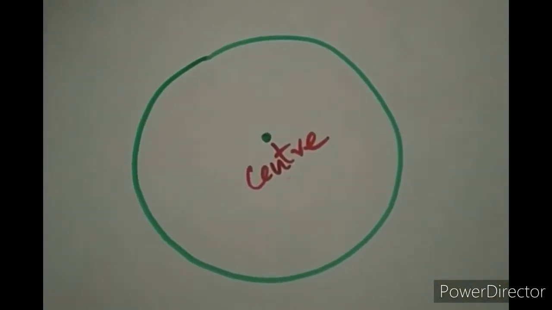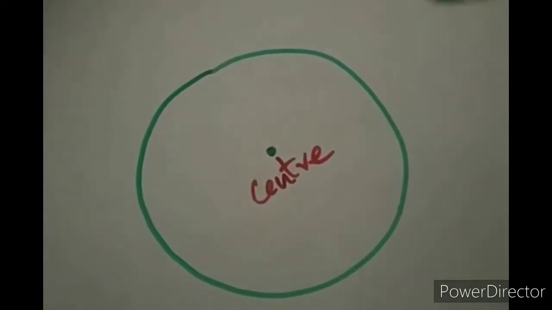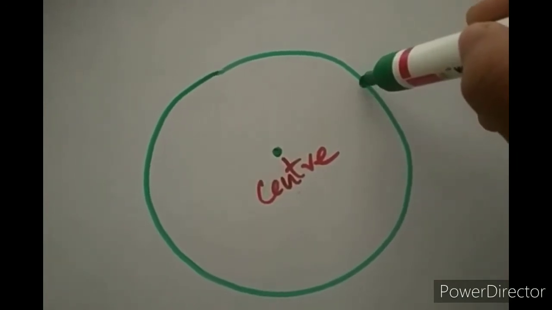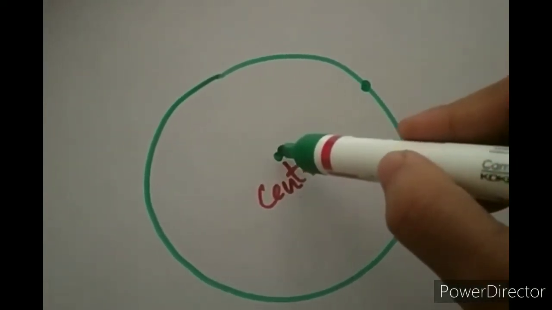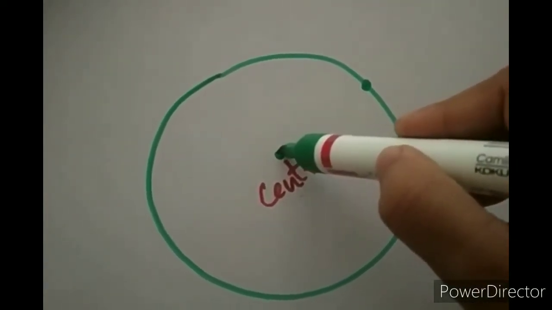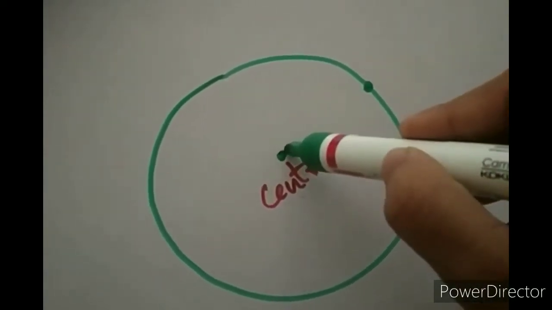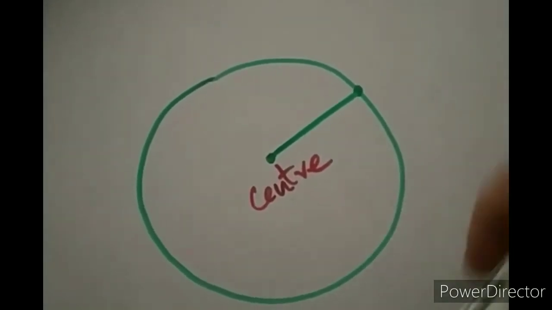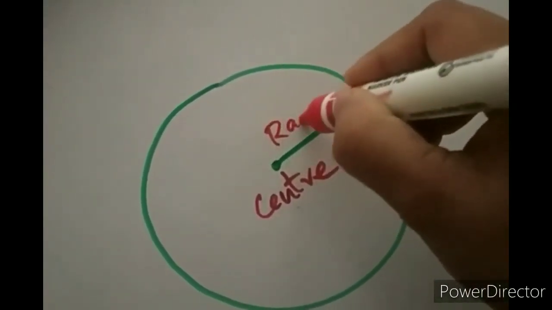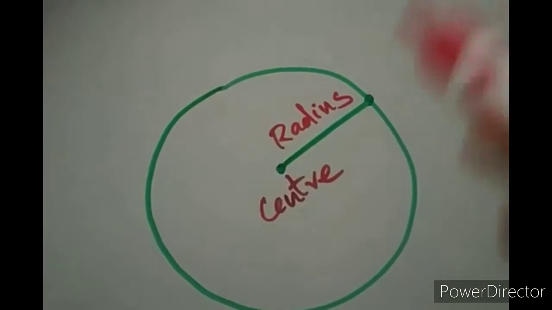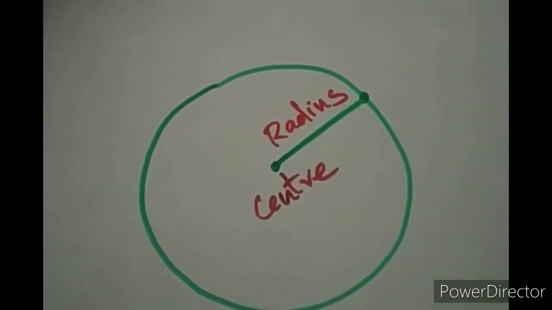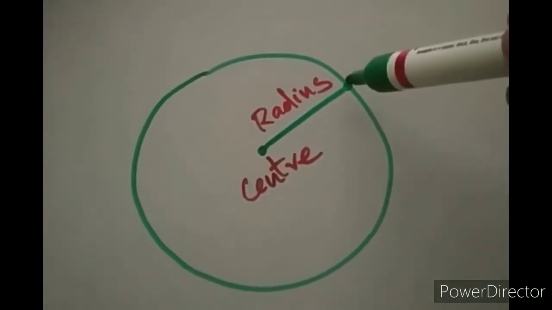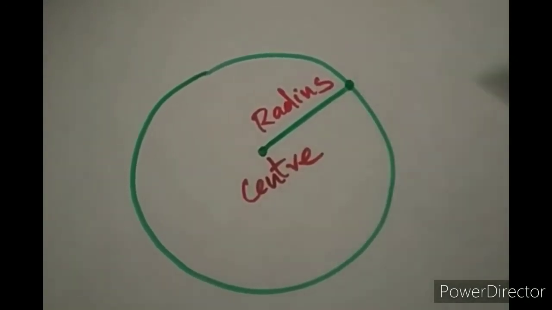Now, if I take any point on this circle, then the distance between the center and that point is called the radius. So what is a radius? It is the distance between the center and any point on that circle.